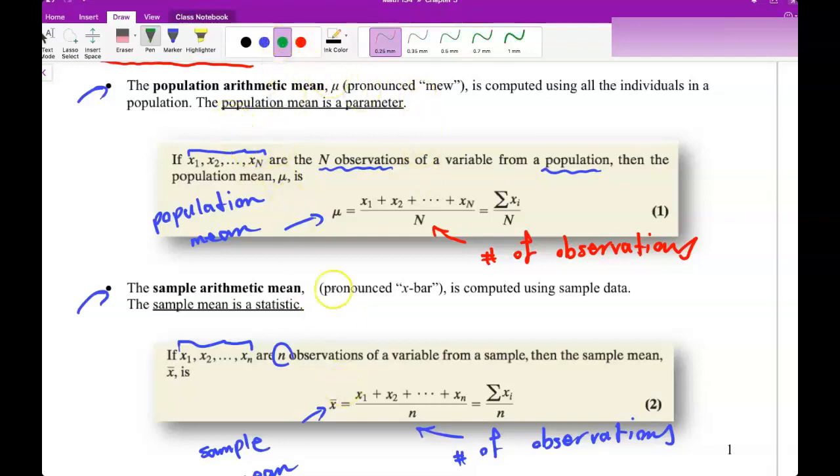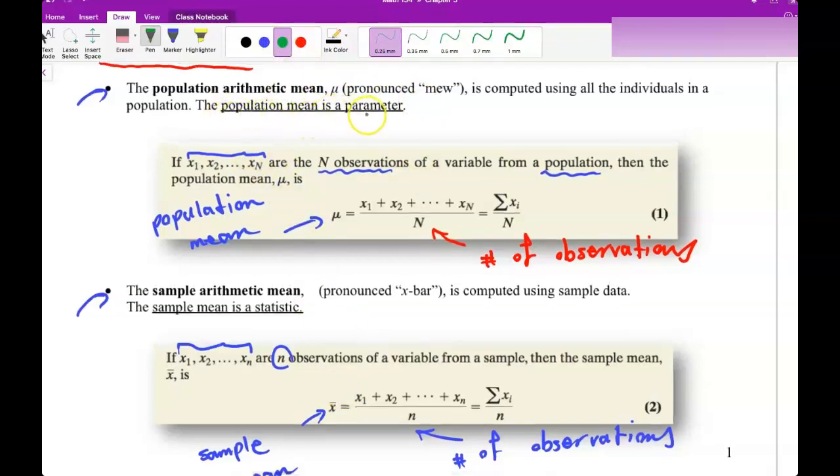Okay, one more thing to cover for each one. The population mean is a parameter, and the sample mean is a statistic. A parameter is a numerical summary of a population.